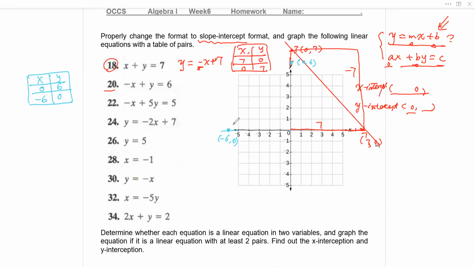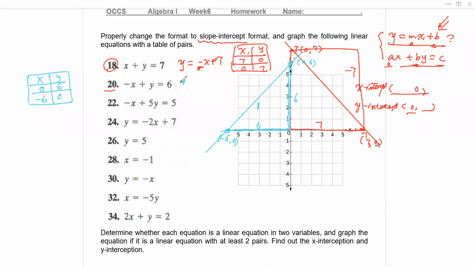So when we graph, it is like this, extended. You can see what the slope is. Moving from this dot to this dot, horizontally they move right 6 units and vertically they move up 6 units. So the slope is 1.